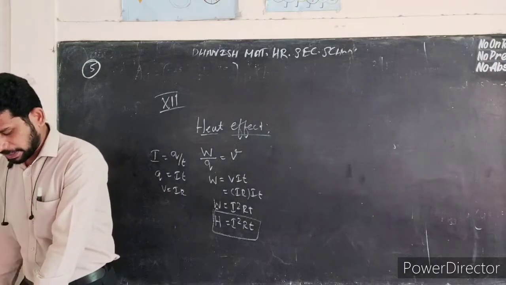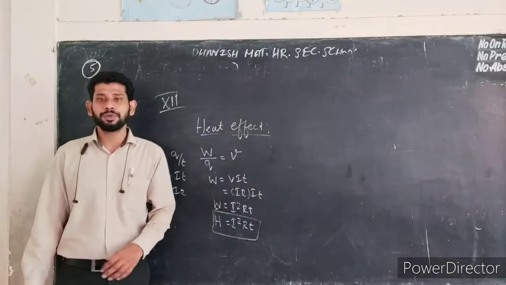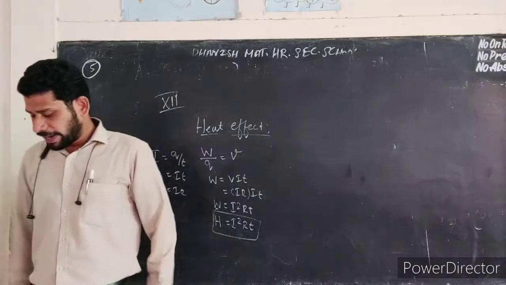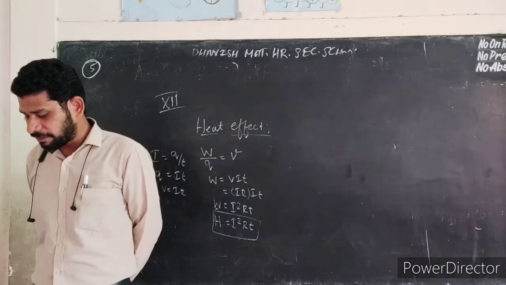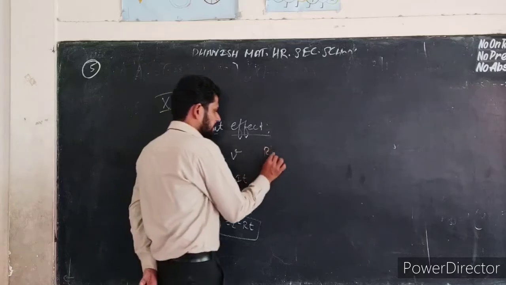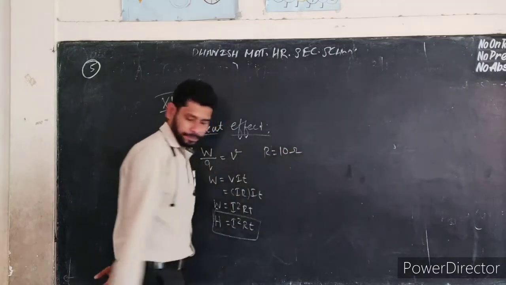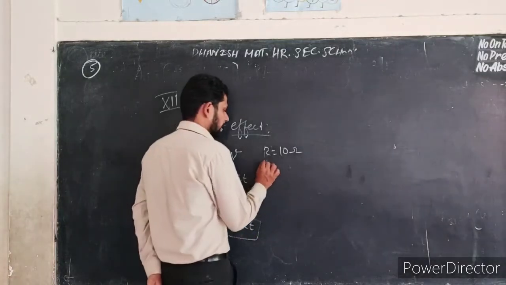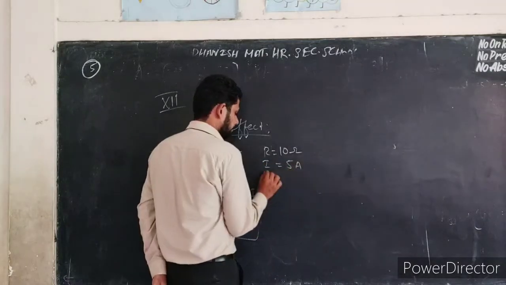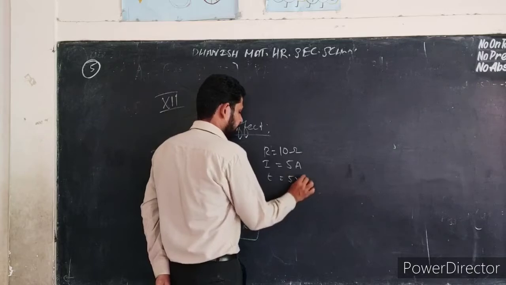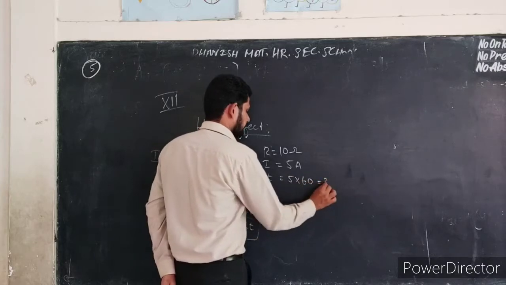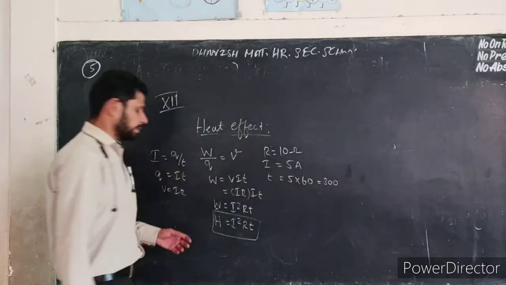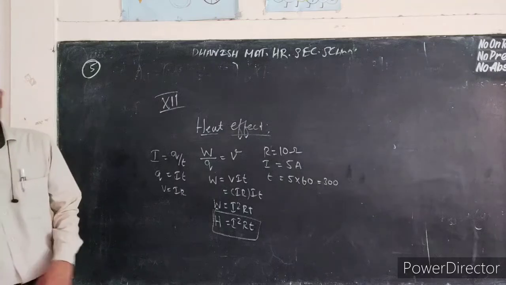Before that, turn to page number 112, example 2.27. Find the heat energy produced in a resistance of 10 ohms when a current of 5 ampere flows for 5 minutes. 5 into 60 is 300 seconds.